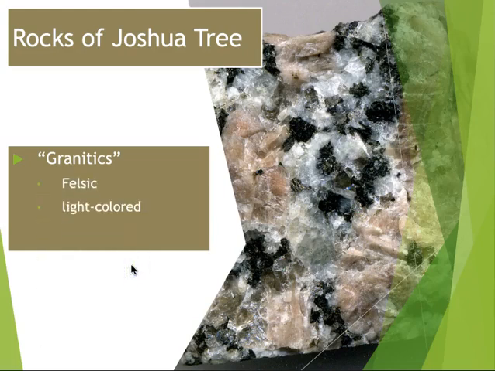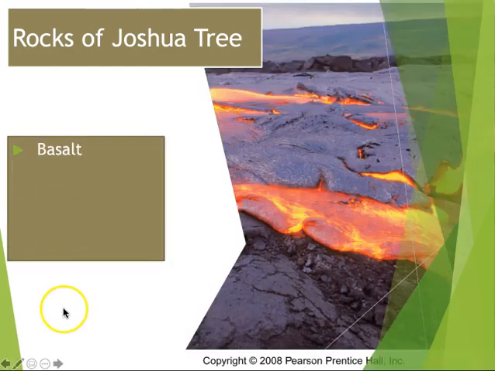They form from slow-cooling magma deep underground, giving them a coarse-grained texture, with mineral crystals visible to the naked eye. Granitic rocks are, for the most part, what visitors observe in their campgrounds, at the exhibits, and along the interpretive trails in the park.